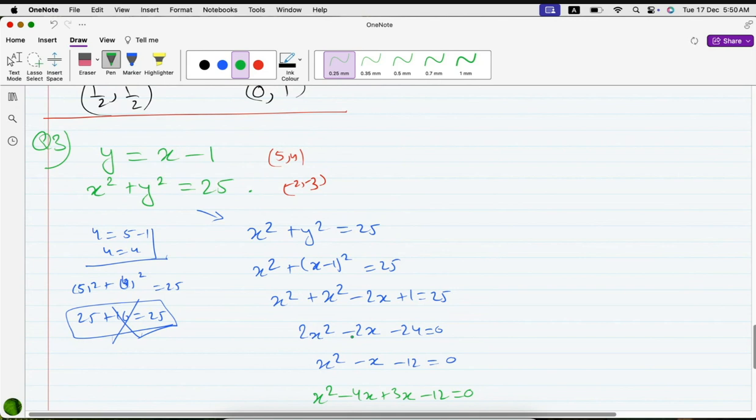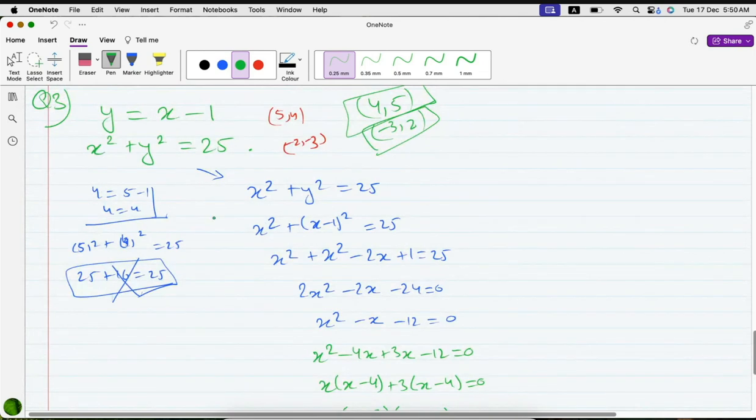You said 5 comma 4 and minus 2, minus 3. I guess you just swapped them. But then I was solving for y. Okay, let's see. I'm getting x as 4 and minus 3. Then y is x minus 1.